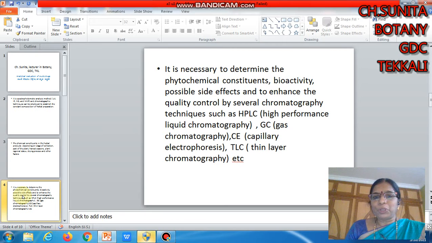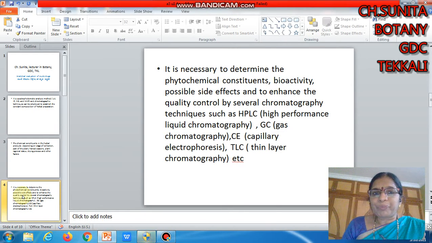These are some of the chromatography processes by which we can understand the chemical constituents in the given drug and how it will act biologically. If it acts, any side effects can be analyzed by these processes.